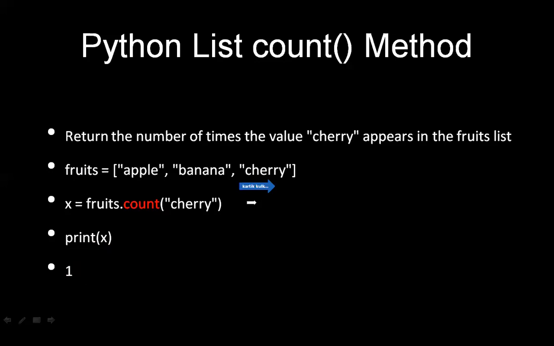Since cherry appears only once, the output is 1, because I am counting how many times cherry is present in the given list, that is fruits.